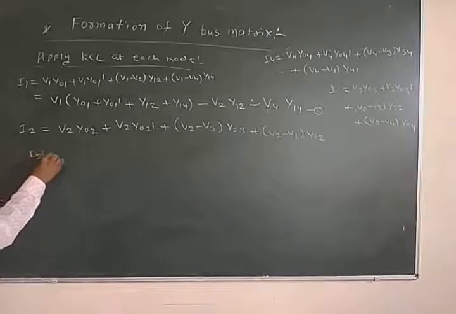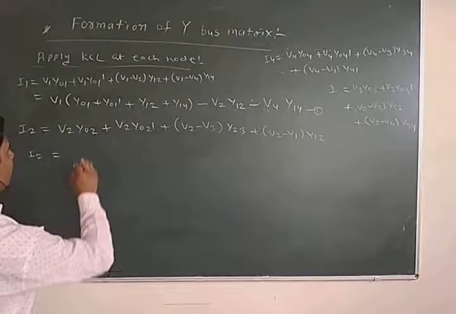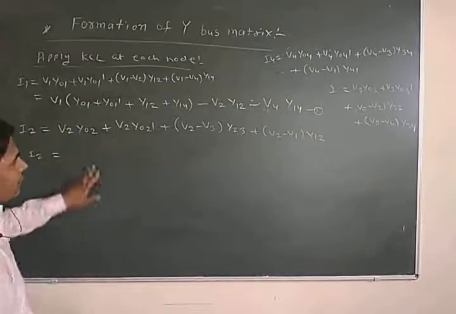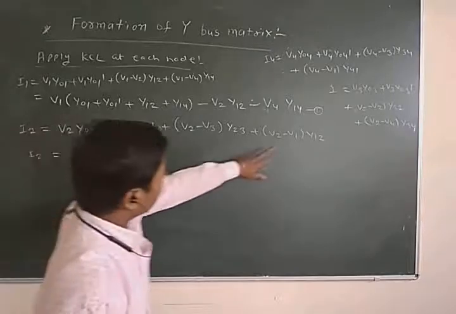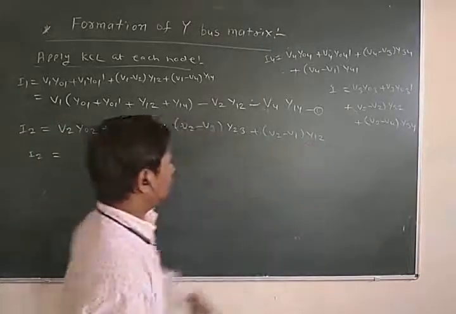So I2 is equal to, first we write what is associated with V1. So V1 is here, minus V1 Y12.